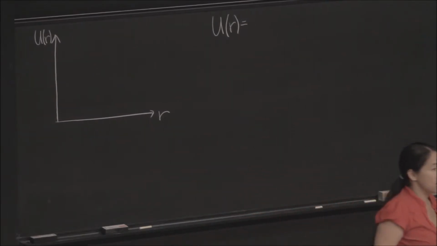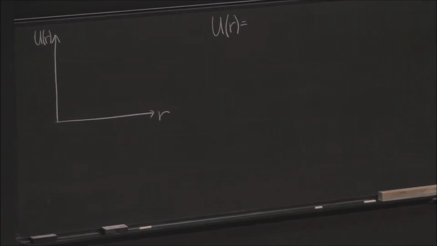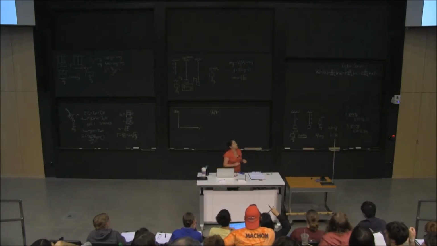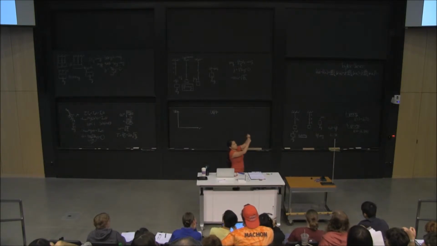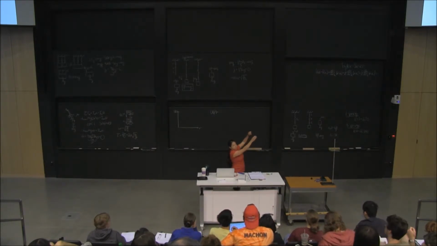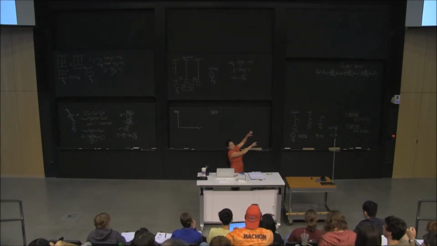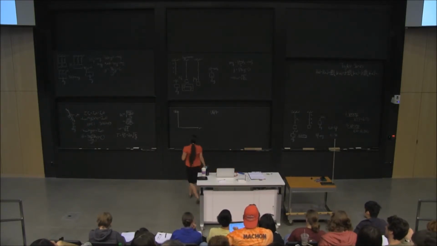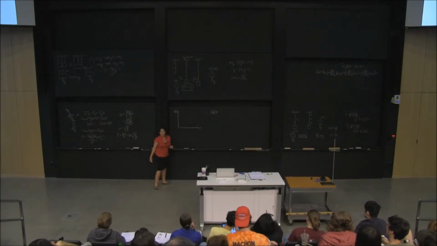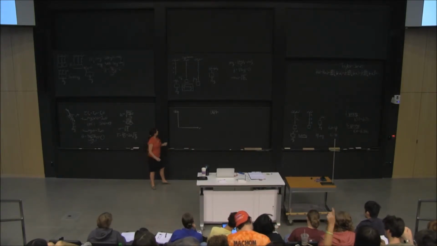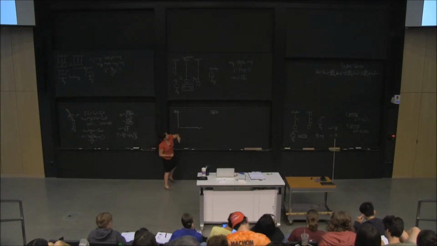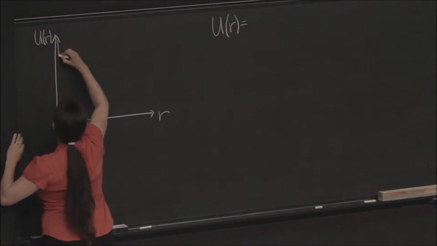If R is a really tiny number, let's say even just 10 to the minus 6 meters, on the left you have 1 over 10 to the minus 6, squared, which flips over to 10 to the 12. But the other one is just 1 over 10 to the minus 6, which flips over to 10 to the 6. 10 to the 12th is a lot bigger than 10 to the 6, so that one's going to dominate. So what does that thing do? It goes to infinity, and it looks like that's a positive term, so it's going to positive infinity over here.